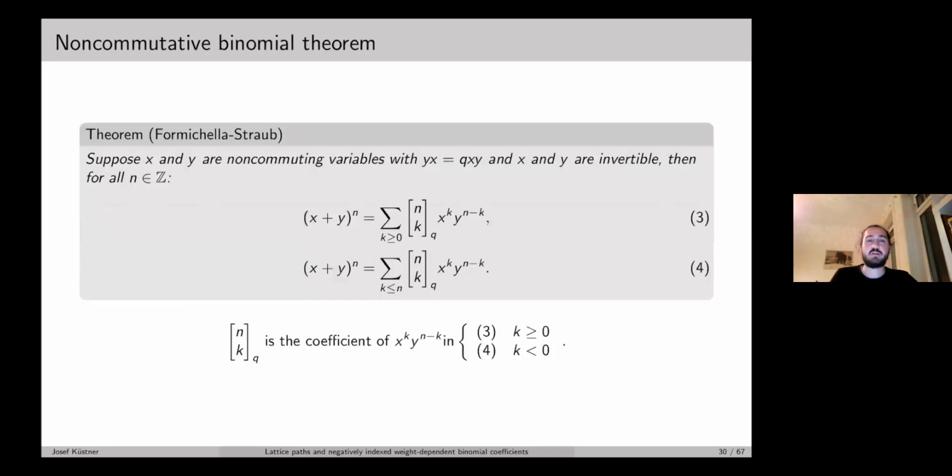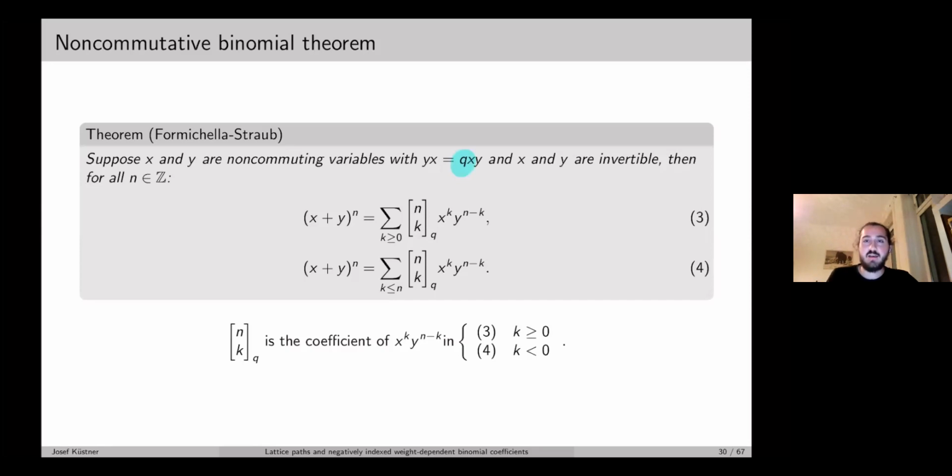So they also found an extension of the binomial theorem that Loeb showed for the ordinary binomial coefficients. Now it's a little bit trickier, but it's also a well-known fact. So we take x and y to be non-commuting variables. So if we interchange y and x, then there is a q entering here at the left side.